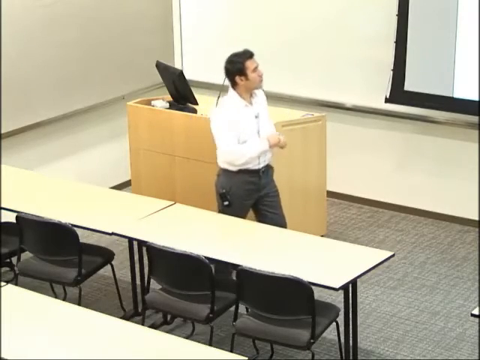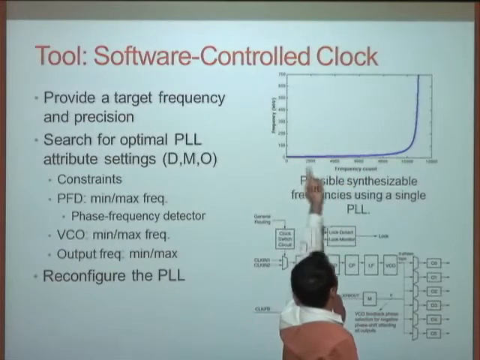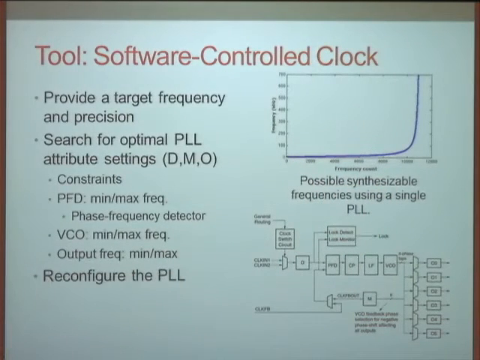You see there are more points here. There are more frequencies you can synthesize at lower frequencies than at higher frequencies. So it's kind of sparse. Think of it as a histogram. At higher frequencies, it's more difficult to synthesize with higher precision. So they're kind of sparse.